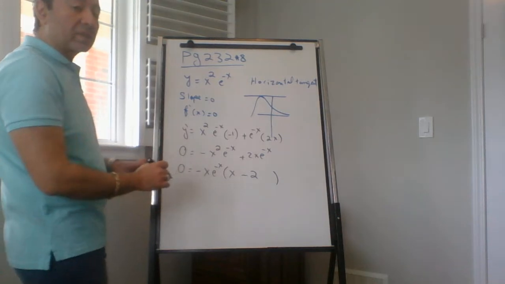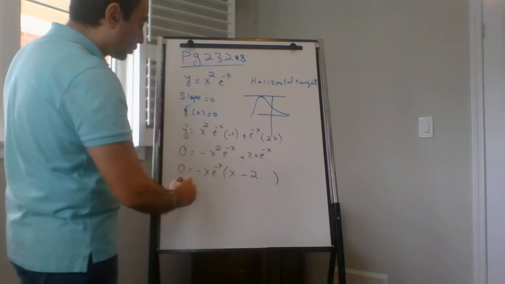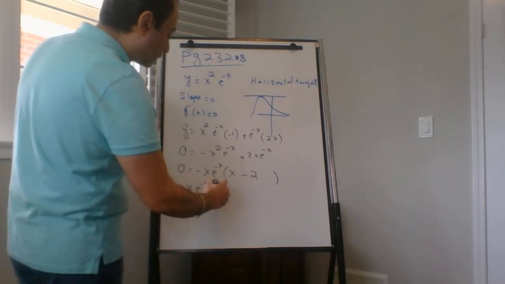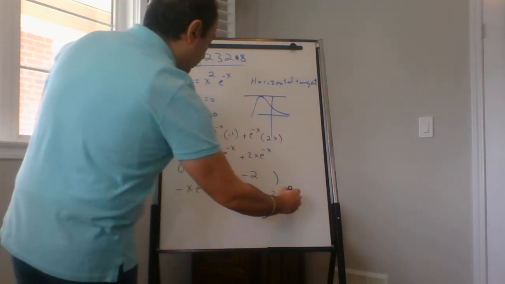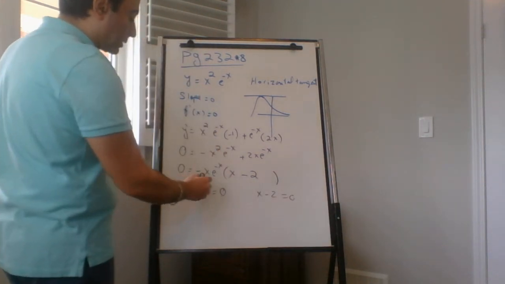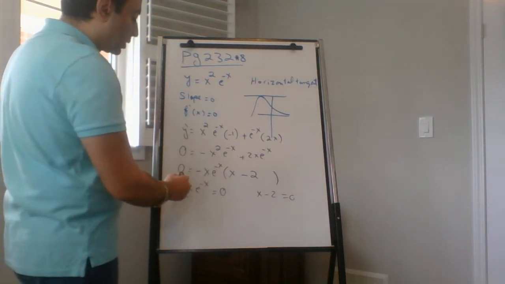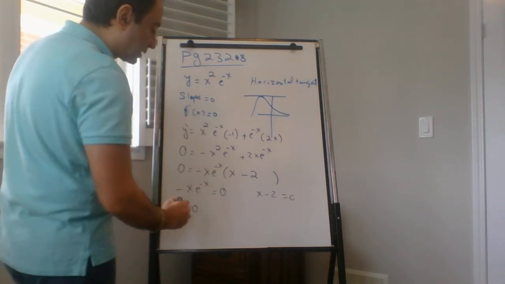So now we have two things multiplied, and the result is 0. So we need to split those and find what makes each one 0. From here, it's very clear that e to the power of negative x will never be 0. If x is 0, this will be 0, so the first thing is x equals 0.